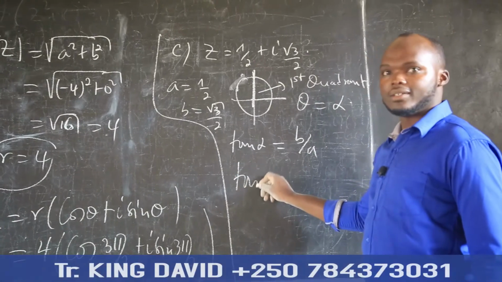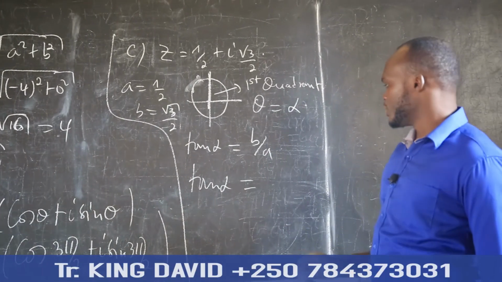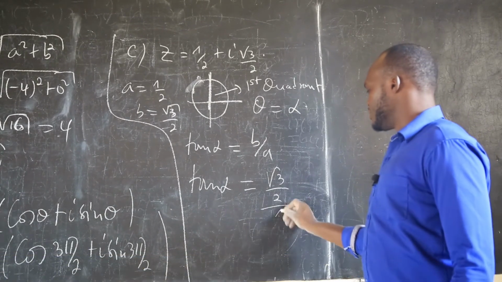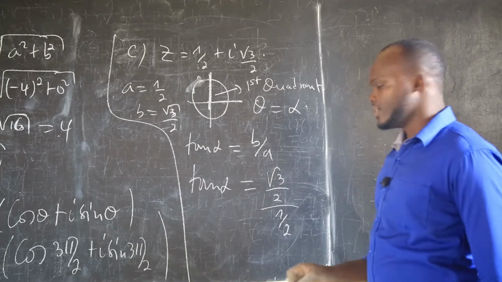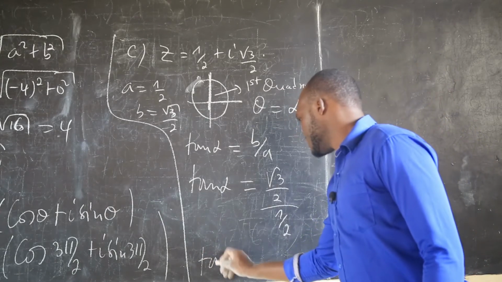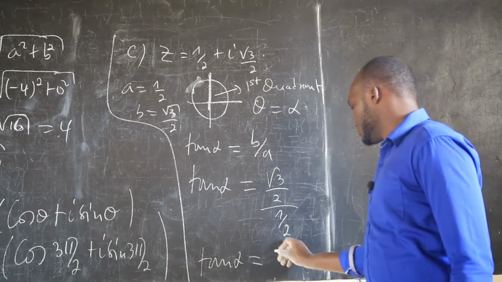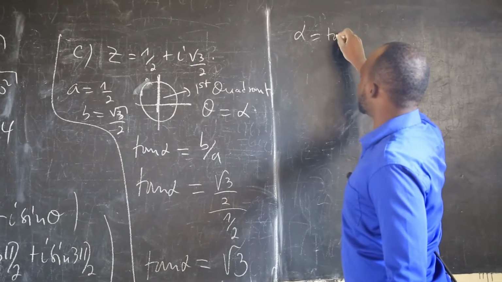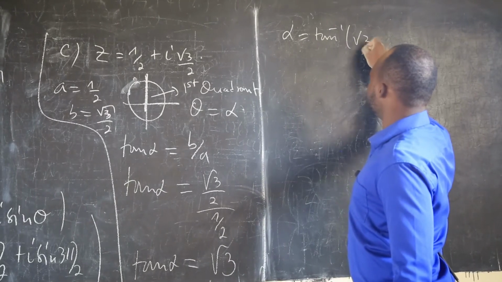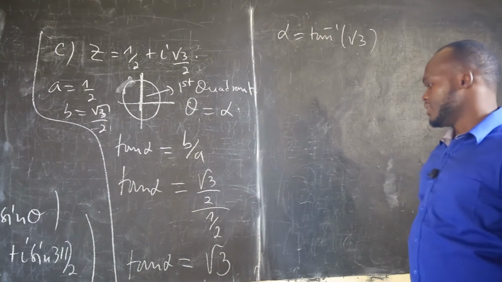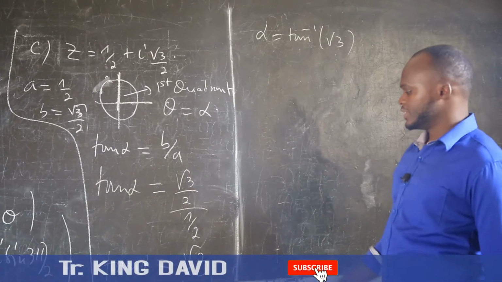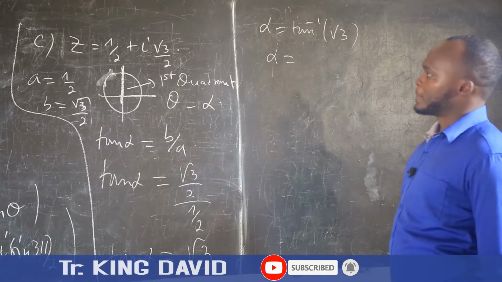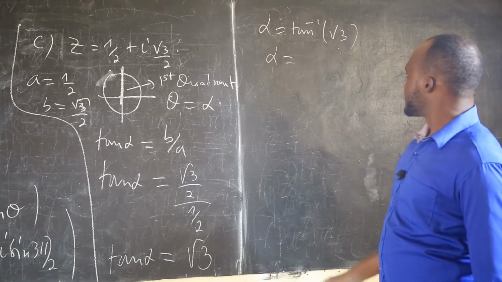So tan alpha will be equal to root 3 over 2 divided by 1/2, which finally equals root 3. Then alpha is tan inverse of root 3.